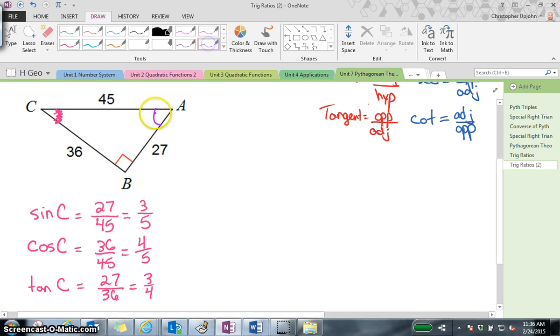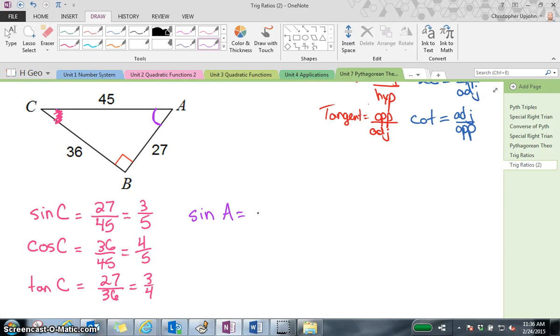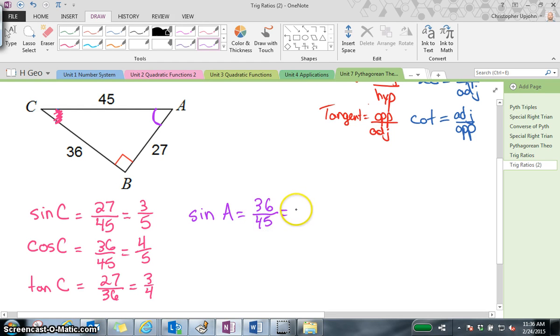Now we have to do the same thing for angle A. Sine of A. What happens to the opposite and the adjacent sides when we switch to the other angle? They change how? They switch. Now opposite is adjacent and adjacent is opposite, which is why we get the patterns that we do. But sine of A, now what's the opposite side of A? 36. Hypotenuse, still the same thing. That doesn't change.